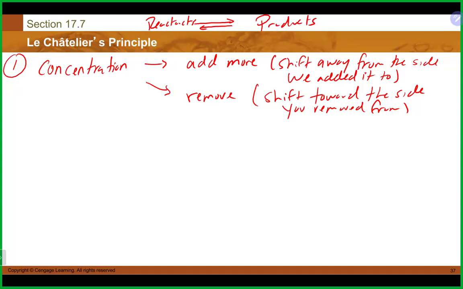So when we talk about shifting to the left, we're talking about shifting to the reactant side. When we talk about shifting to the right, we're talking about shifting to the product side. If we add something that's a reactant, then we're adding something on the left-hand side of the arrow. If we add something on the right-hand side, which is a product, the same idea applies. So when we add, it goes away. So AA is a good way to remember that: add, away. When we remove, it goes towards it.